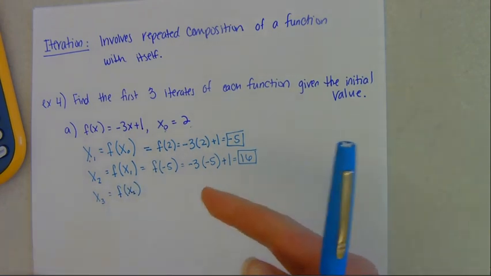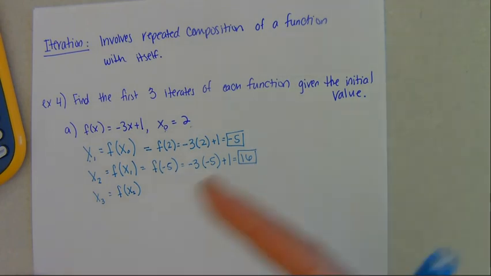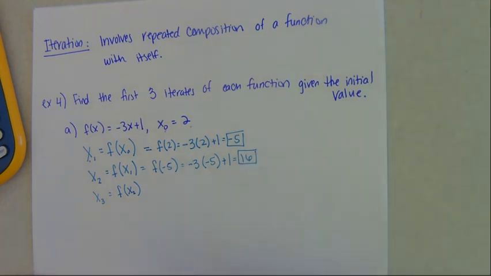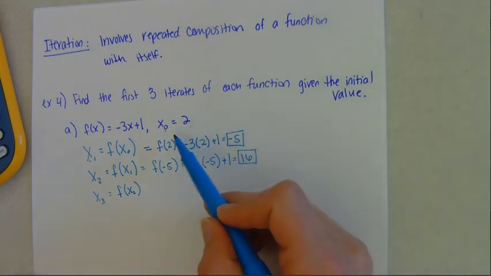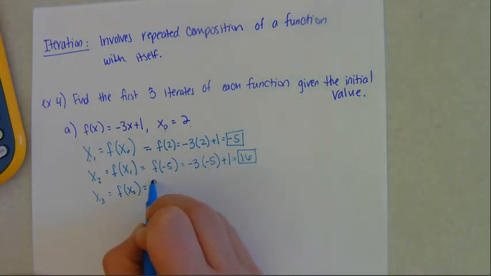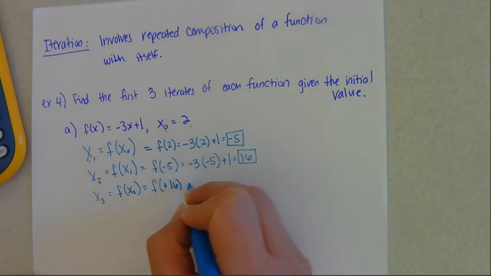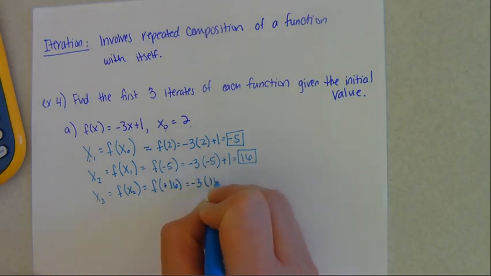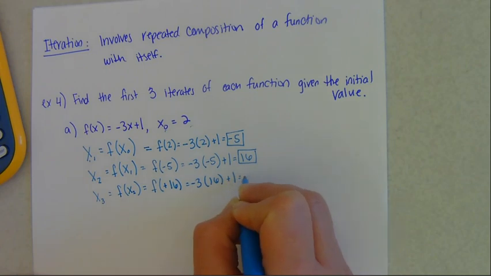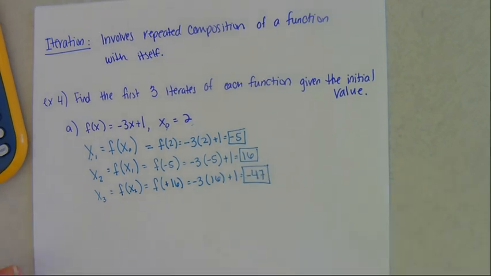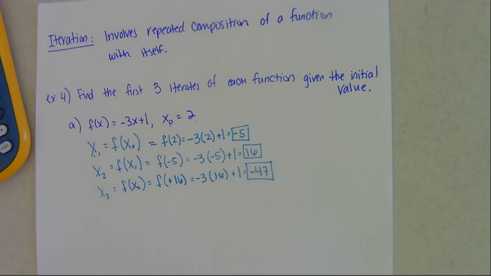So we're just doing compositions within itself. Composition, you remember when we plugged one function into another? Well, it's not a function, you're just plugging in this iterate. So this means I want f of positive 16. Negative 3 times 16 plus 1 is going to be negative 47. So there's the first three iterates of that function.